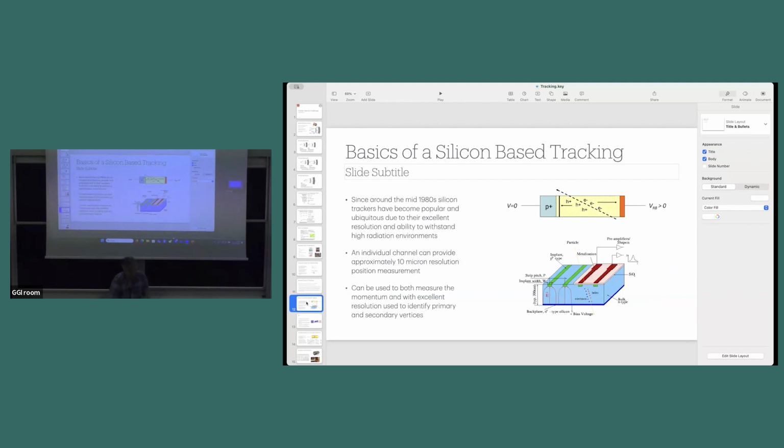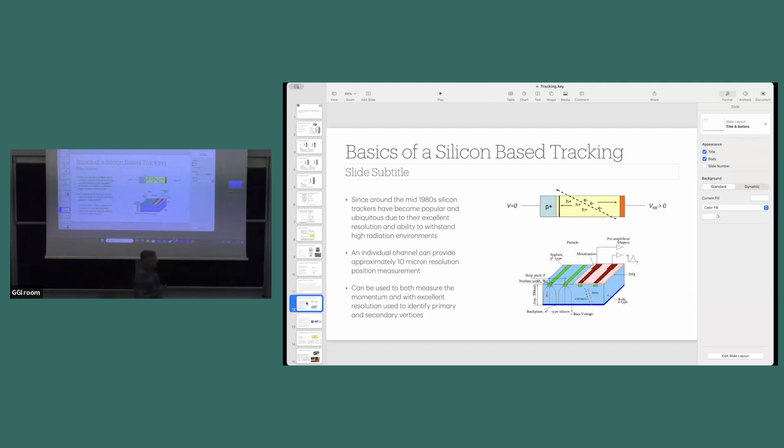So the basics of silicon-based tracking is that this has been used since the mid-1980s, where you basically take a diode and you reverse bias it, so that when a charged particle comes through the region here, it liberates electrons and holes, in which electrons go one direction and the holes go the other direction.